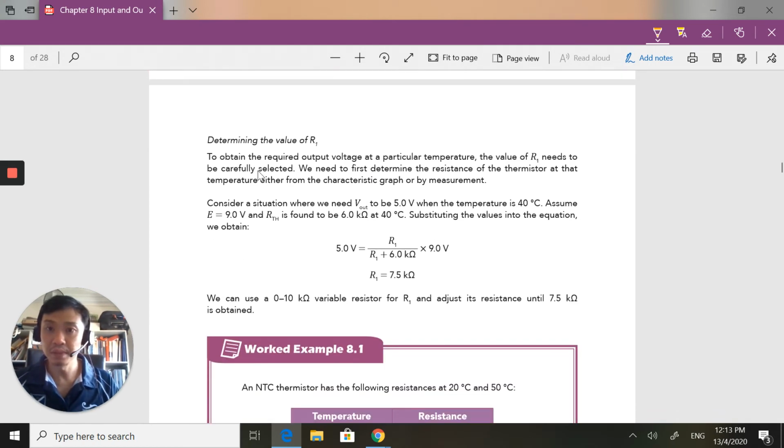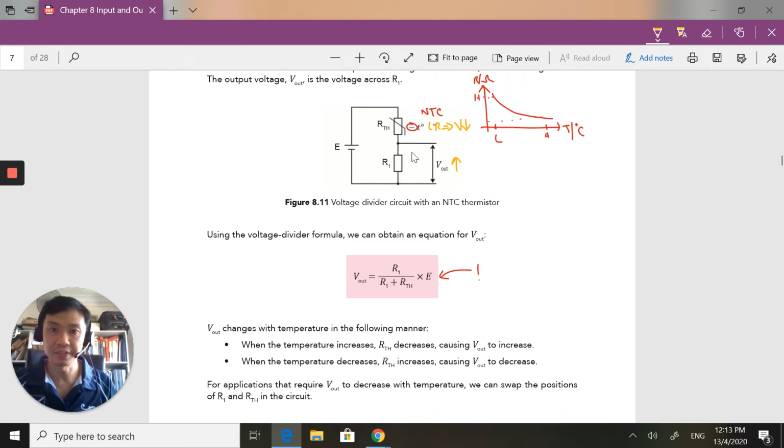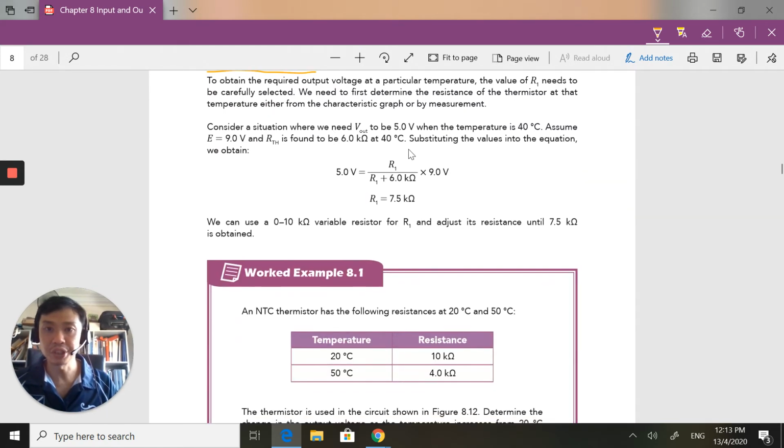So we need to determine the value of R1. R1 is this fella. So this is the situation. If we need V out to be 5 volts when the temperature is 40 degrees Celsius, and assuming that the supply voltage is 9 volts, and the resistance of the thermistor at 40 degrees is 6 kilo ohms.